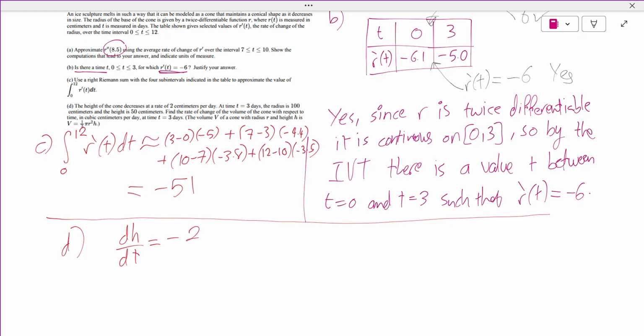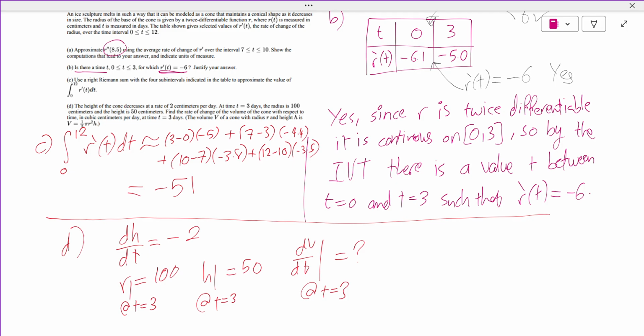At t equals 3, the radius r equals 100, and the height at t equals 3 equals 50 centimeters. Find the rate of change of the volume. Find dv over dt at t equals 3. This is what we need to find.